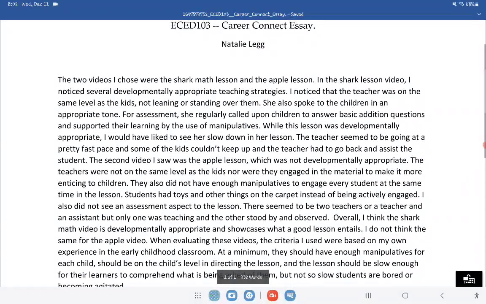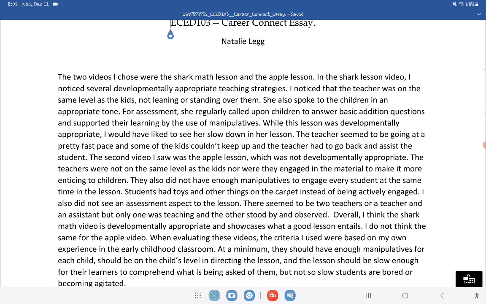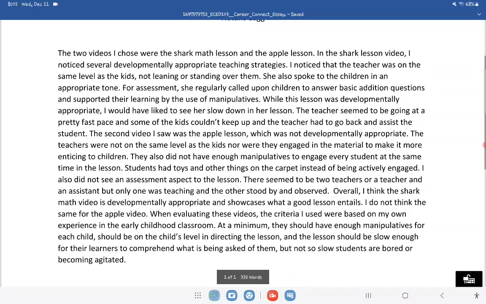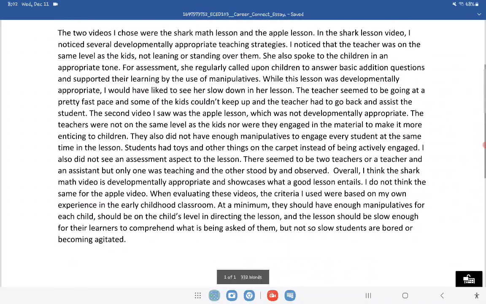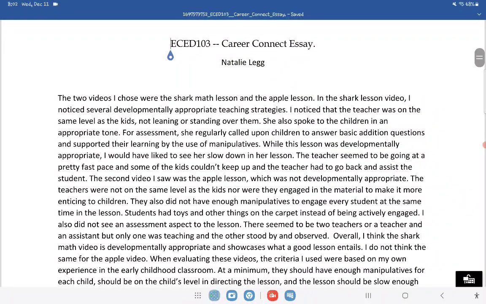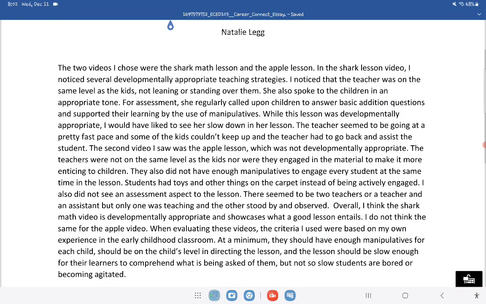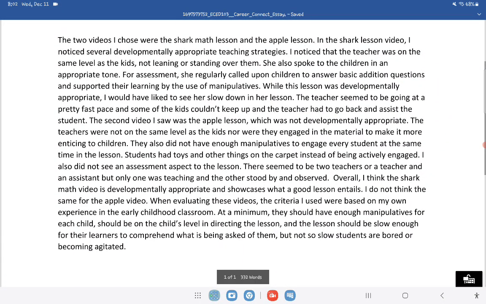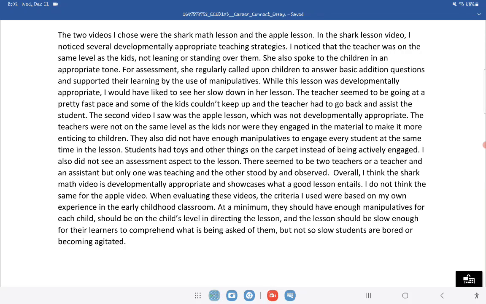As we go through this essay, we saw a couple of different lessons, and our job was to find out if they were developmentally appropriate, not developmentally appropriate, and what we would do differently. This portfolio project meets this institutional outcome in that we got to assess different types of curricula and really see what worked and what didn't with children.